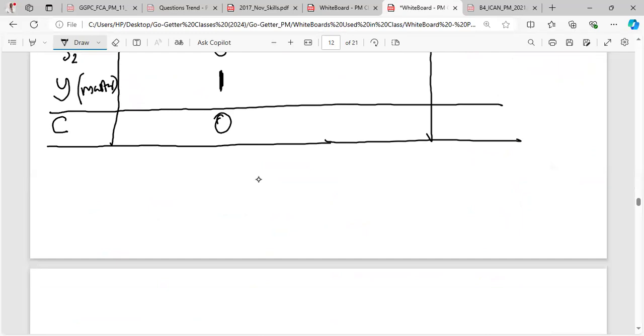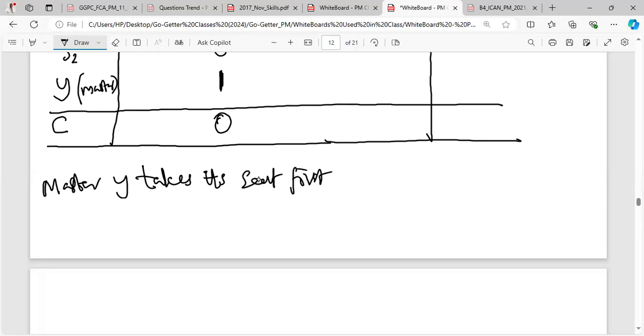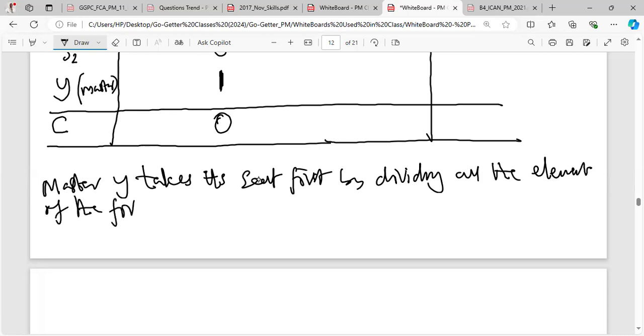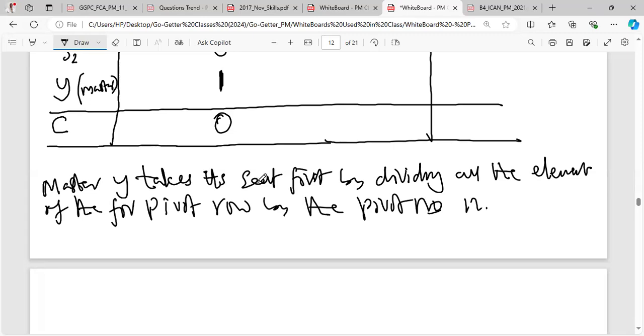So we say master Y takes its seat first by dividing all the elements of the former pivot row by the pivot number 12.